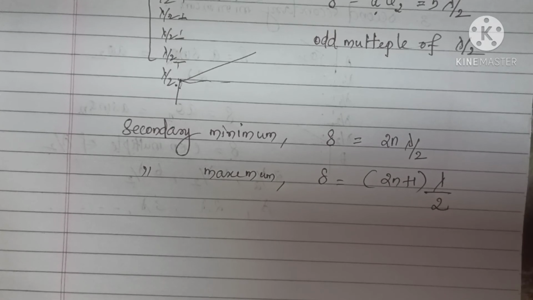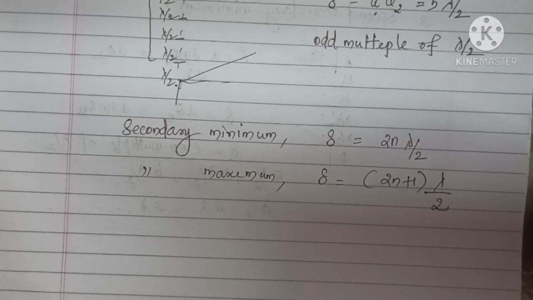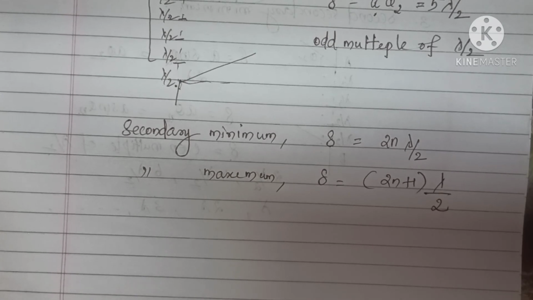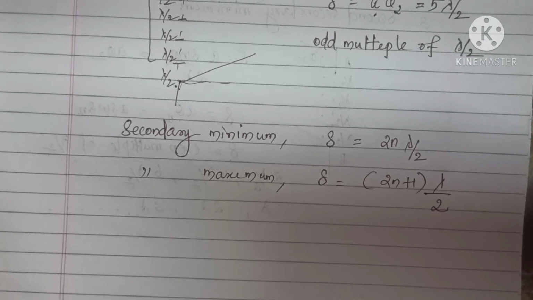So this is the condition for secondary minimum and secondary maximum, and if the path difference is 0, you can say that it is what? Yes, it is the central maximum, where we are getting the maximum intensity. Clear? So this is the explanation given for the diffraction at a single slit.